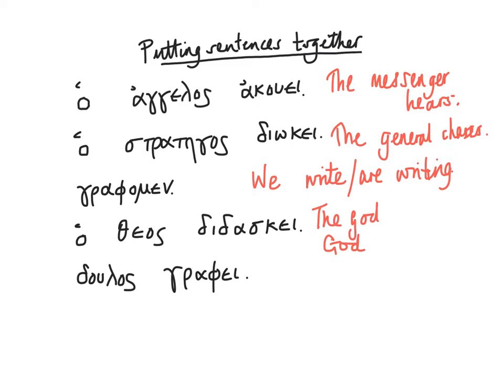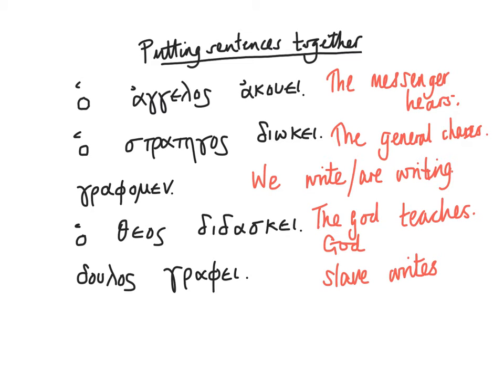Didaske, didactic is your clue. The God teaches. Now the last sentence here hasn't got a definite article. There is no word for the. It just goes straight into the noun, doulos graphe. It looks as if it just means slave. Graphe, we had it earlier, writes, or you could say is writing.